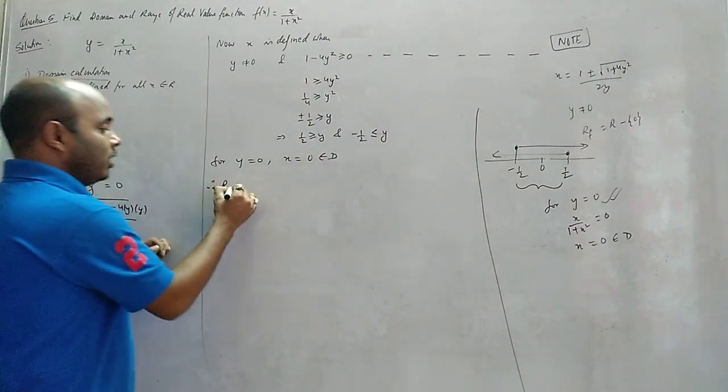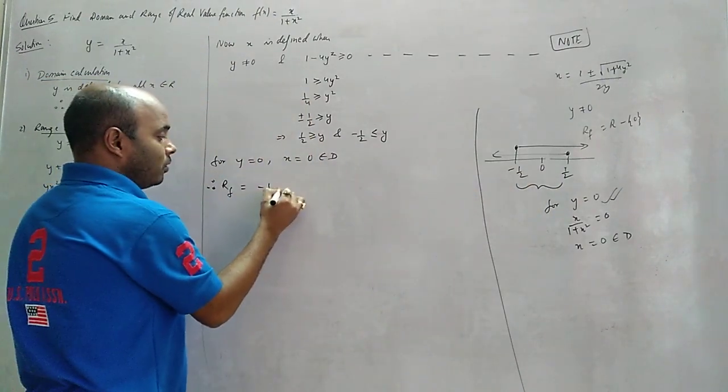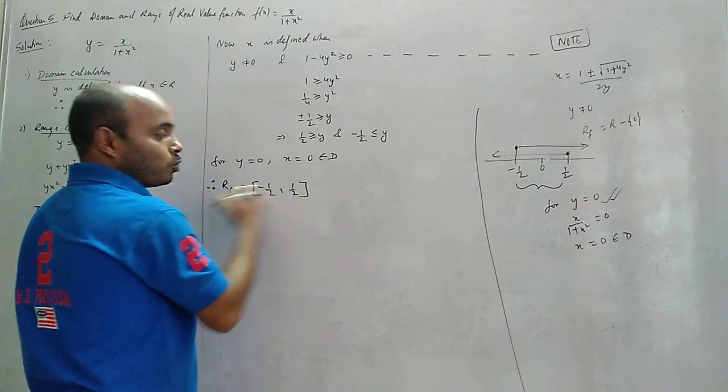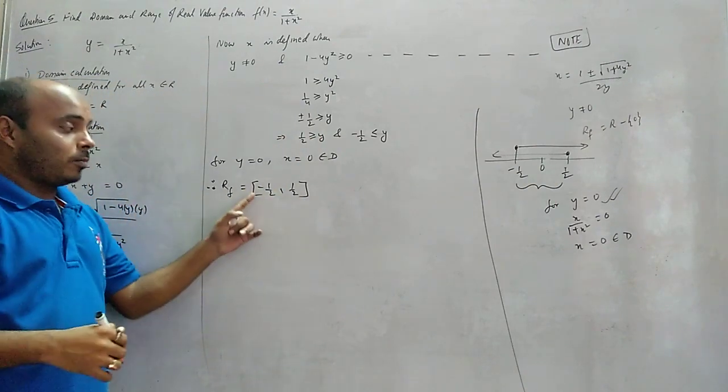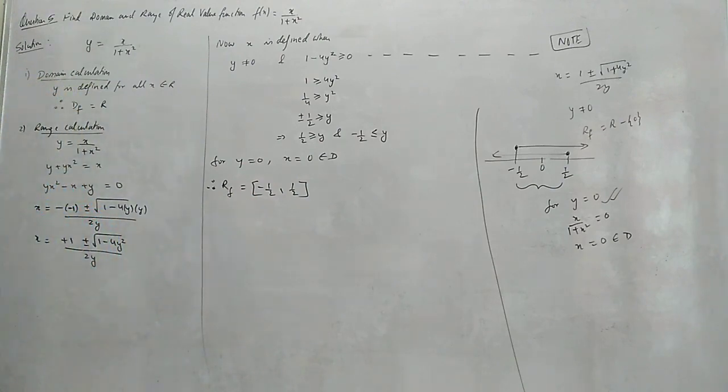Therefore, what is the range? The range is this part: minus half close bracket to half close bracket. When you write this, always write the smaller number first, then the bigger number. These things you know, right? Okay, we'll continue with more sums.